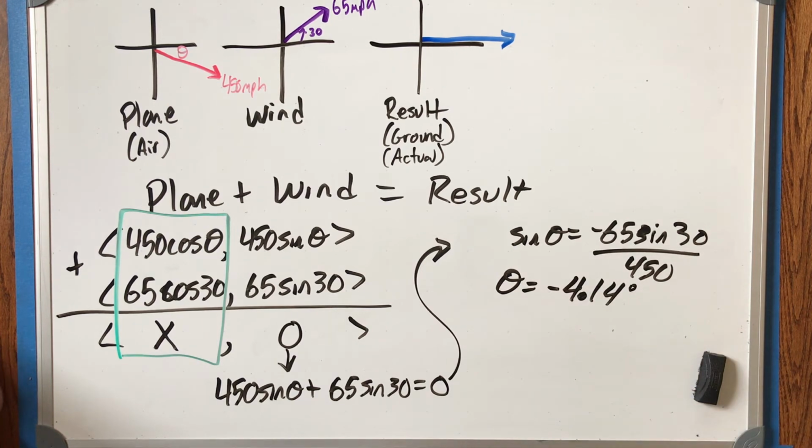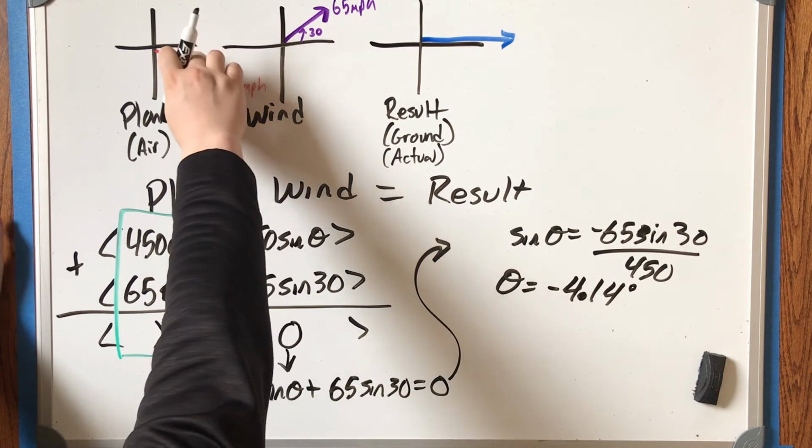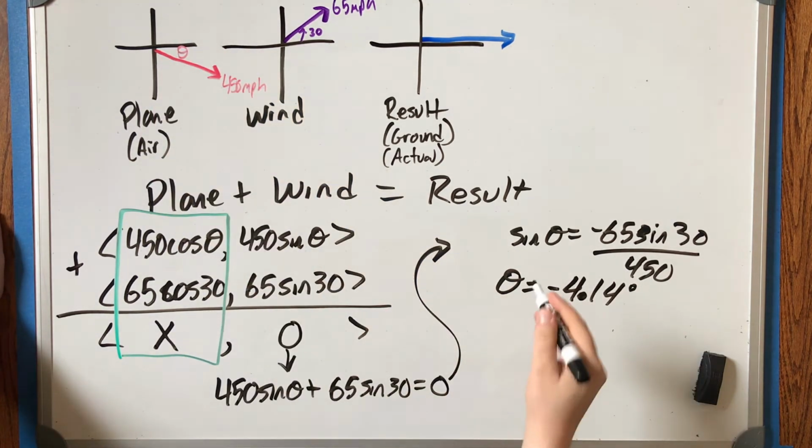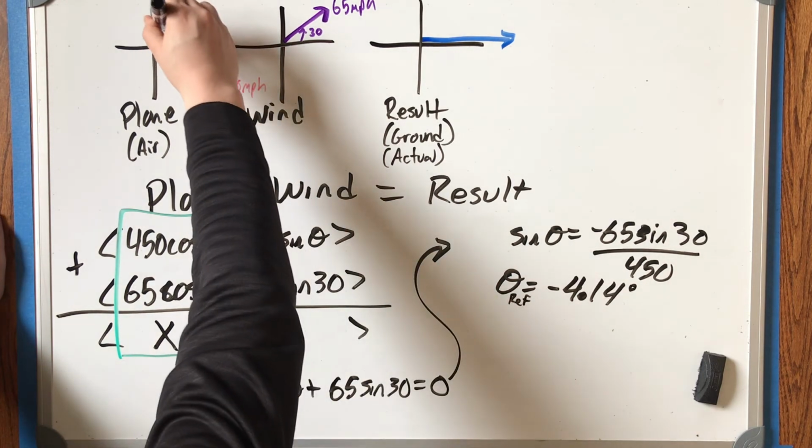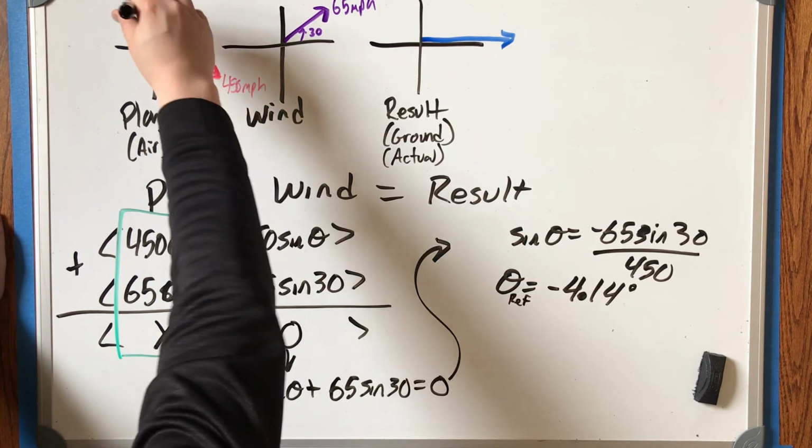Okay? So what I need to do is figure out what the actual angle is, and as a bearing I mean. So right now this is a reference angle. I know that the actual bearing is going to come from north all the way around.